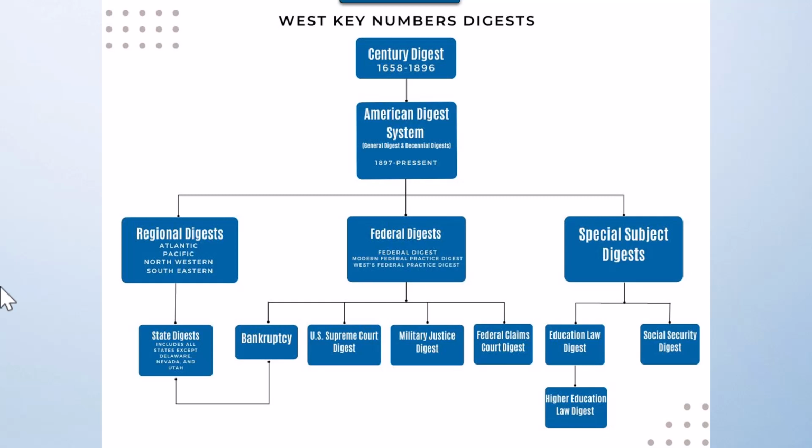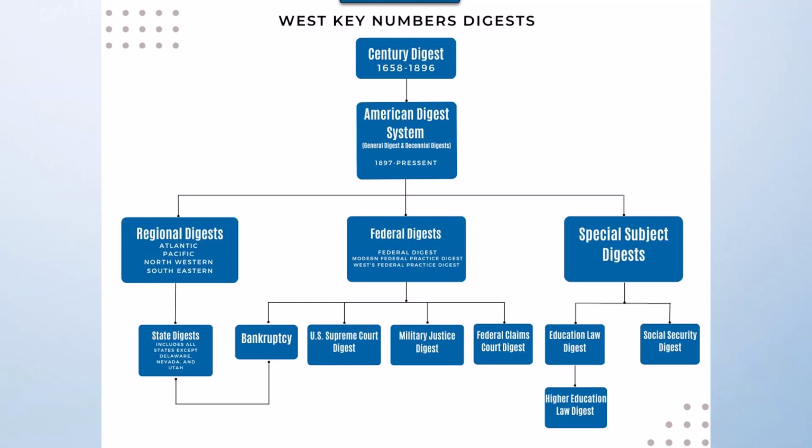The important thing to remember about all these digests is that they all operate the same way. Once you know how to use one, you know how to use them all, with one little quirk in the Decennial Digest that you would need to know, and I may cover if I ever do another video on it.